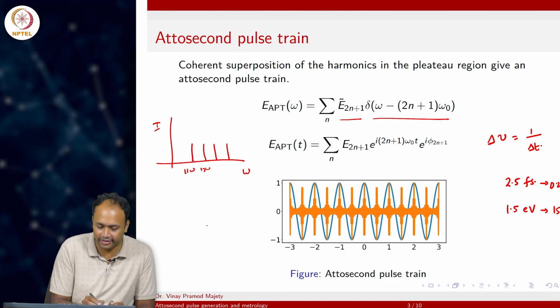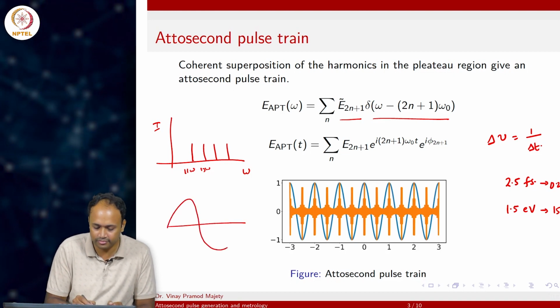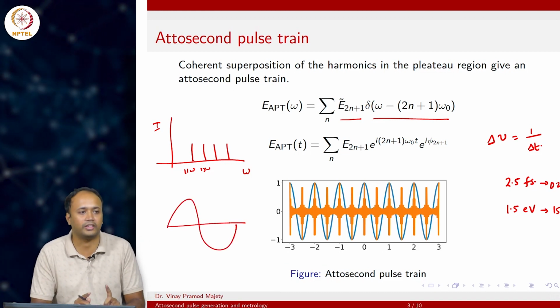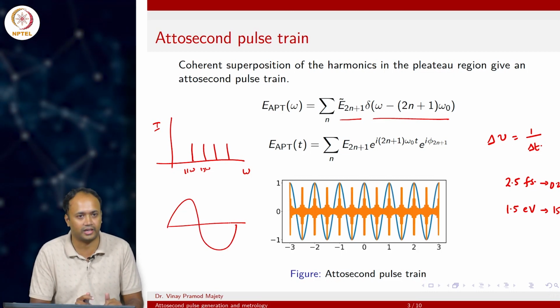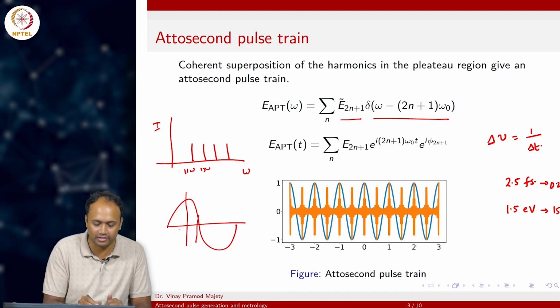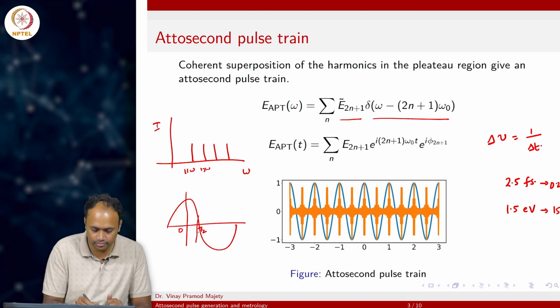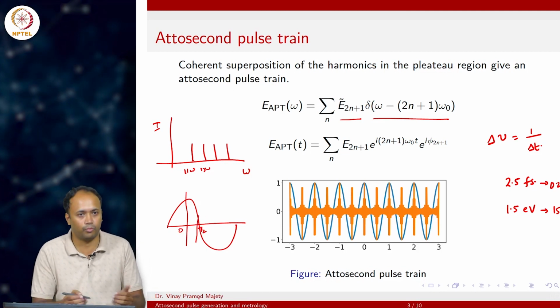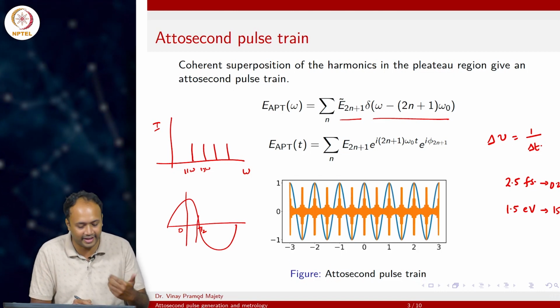Let us see if I can draw a picture. If this is the pulse, we need to combine two aspects: the ionization aspect and the recombination aspect. Something that gets ionized here to here, let us say this is my 0 to pi by 2, is what would recollide and give you some radiation.